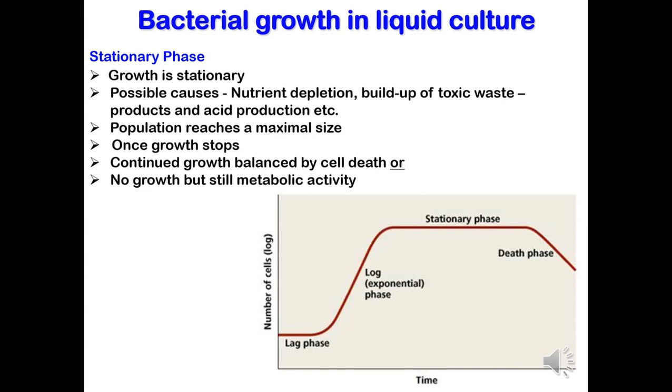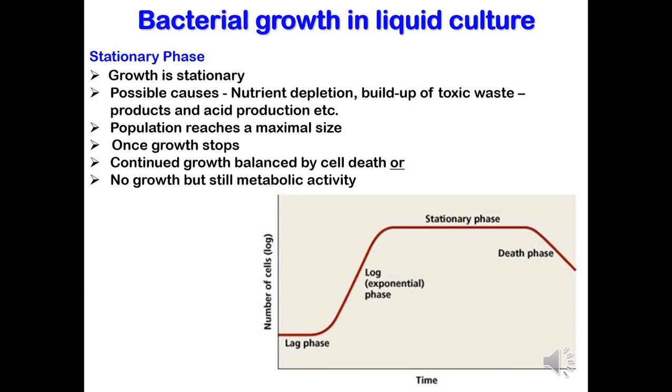So in a closed system such as batch culture, this exponential growth cannot last forever. So eventually the growth will start to stall due to several factors, including the depletion of nutrients and oxygen.